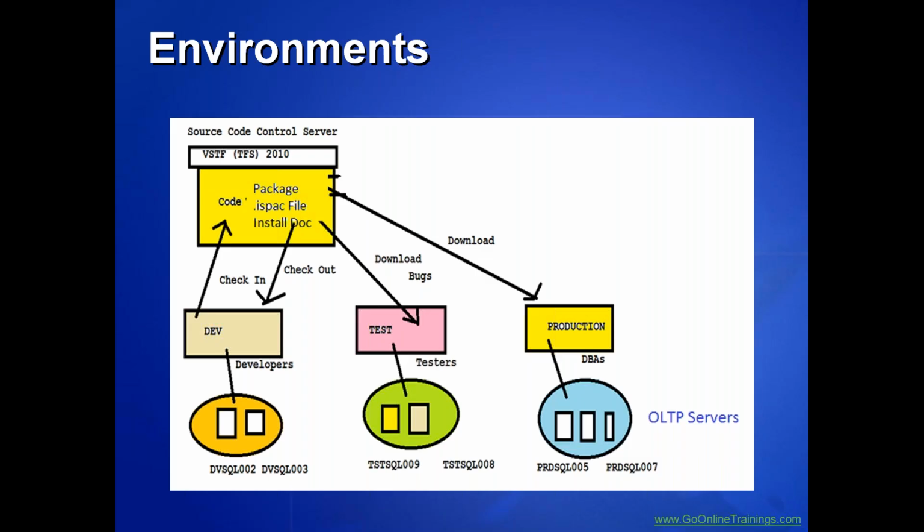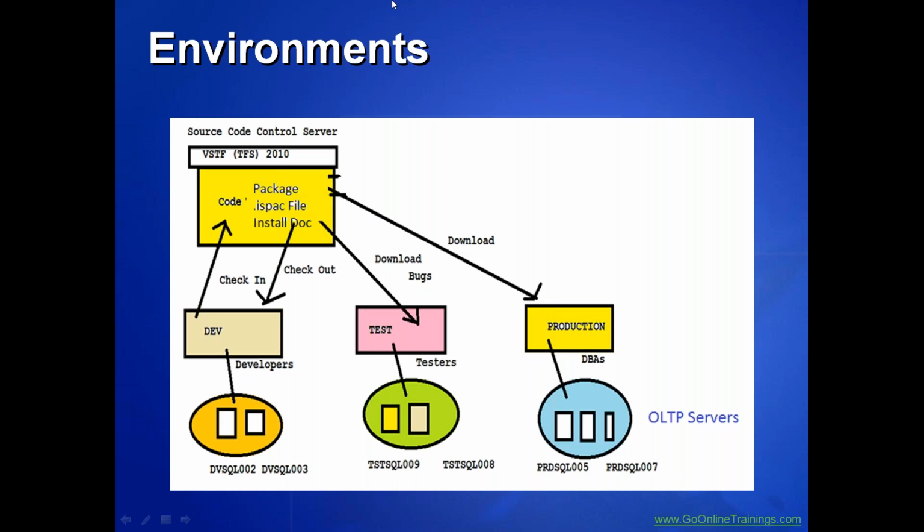So when you create SSIS packages and everything, the developer knows how to install and deploy the packages, but the testing team and DBA team do not know about it, right? So as a developer, you have to write your code as well as create a deployment document. Clear? The deployment document is very, very essential.